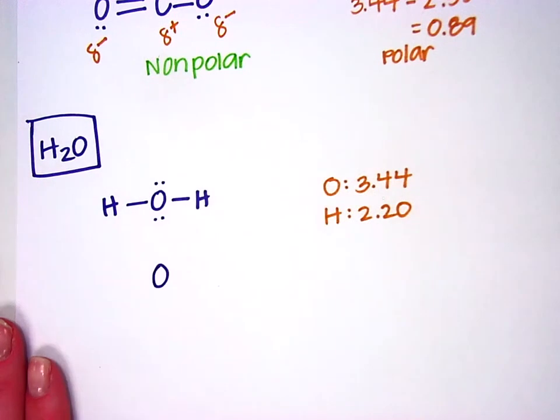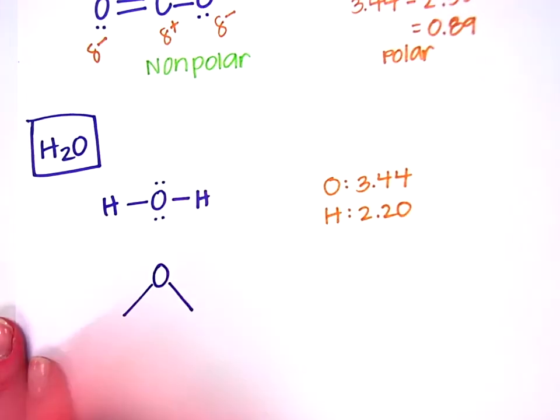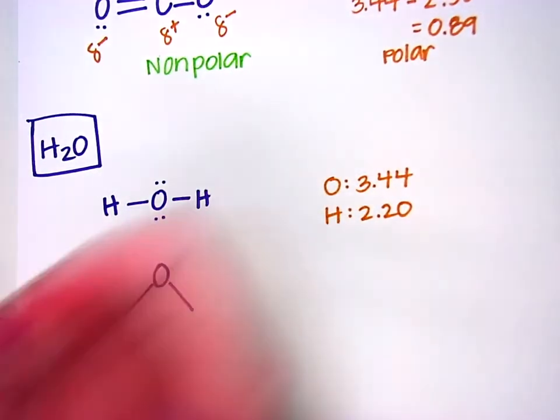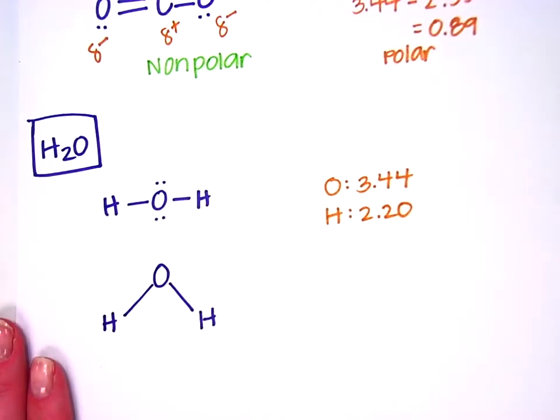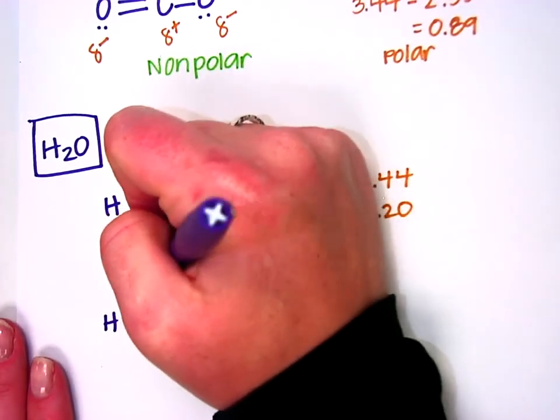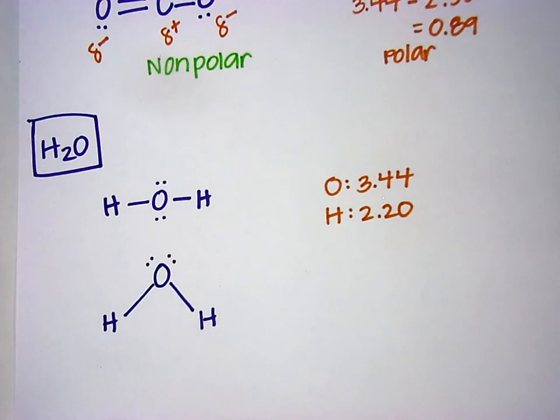So the oxygen atom is in the middle, and then we have our two hydrogens that bend down. The reason that they do that is because of the lone pairs that the oxygen atom has. So this is a bent shape, and this is really important because it's going to play into our polarity, and it's also one of the reasons that we have life on Earth, because of the way that the water molecule bonds itself. So super important.